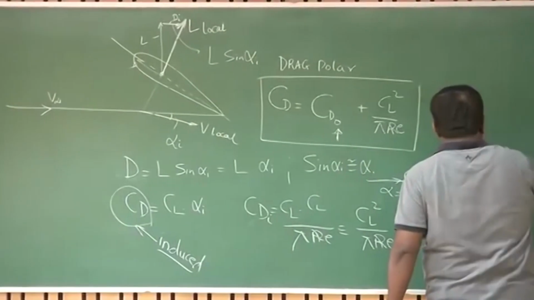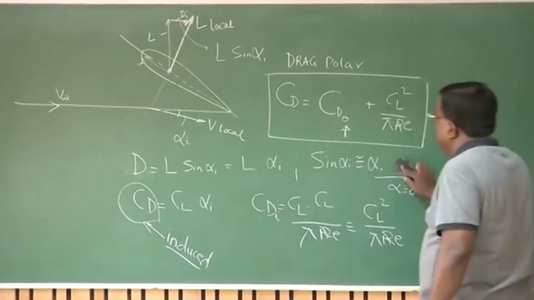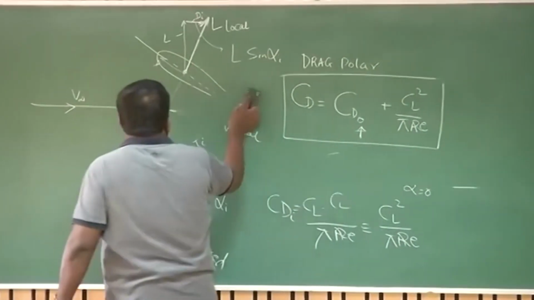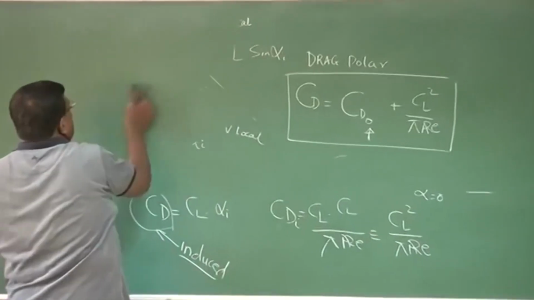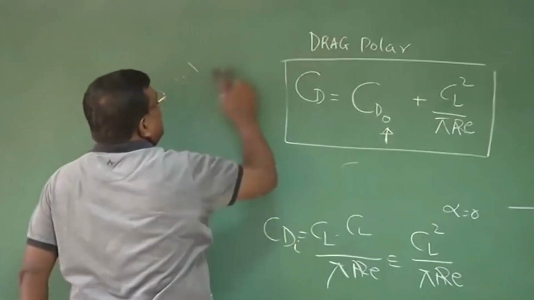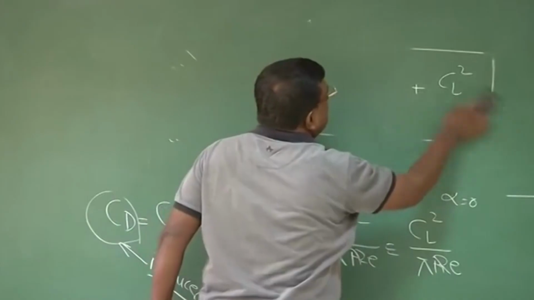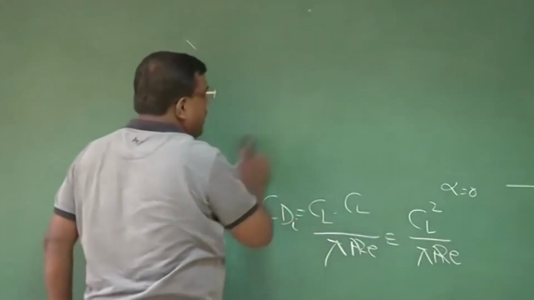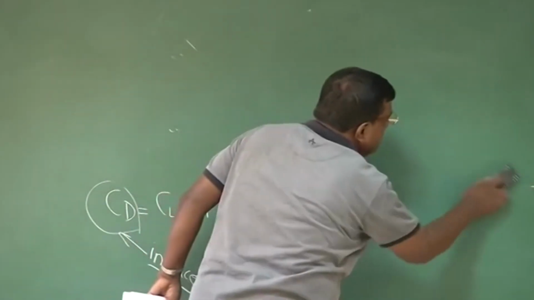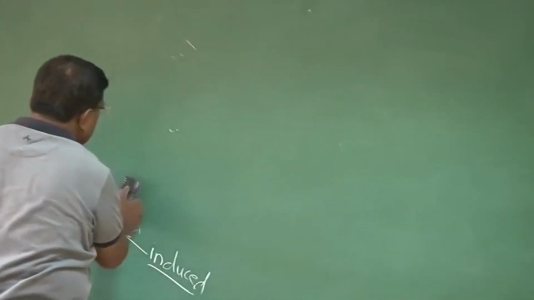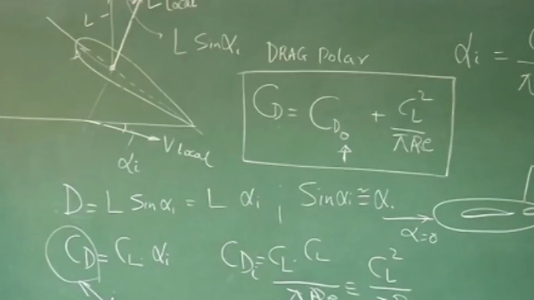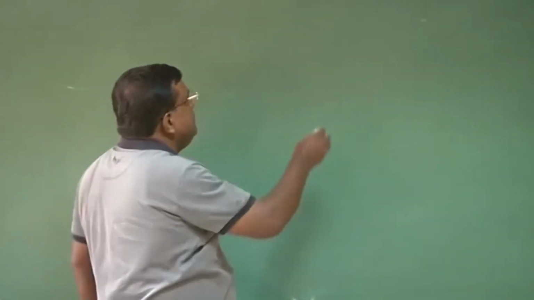So this is one contribution of the finite wing: because of the finite wing there are vortices. Because of vortices there is drag, the induced drag, and because of vortices there is downwash, which will also change the lift curve slope or CL alpha of the wing. Let us see how that happens. Let me draw this diagram.